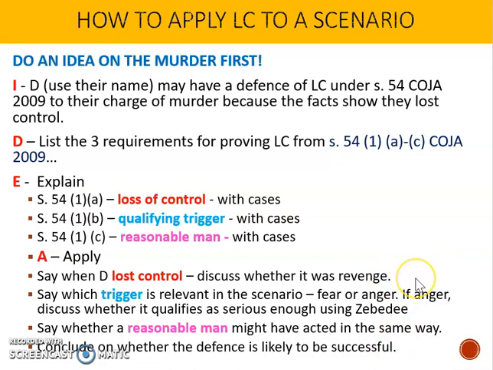So if we decided it looks like revenge, so she doesn't meet requirement 1, however, if she'd have met this, she would need a qualifying trigger. So go on and apply it all, even if you think it's not all being met. So talk about when they lost control, talk about the trigger, and then say whether a reasonable man might have done the same, and conclude on whether the defence is going to be successful or not.